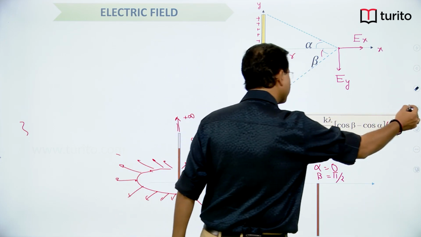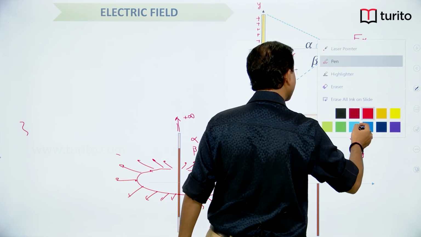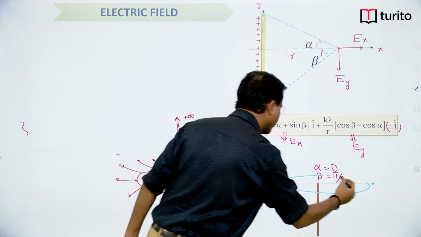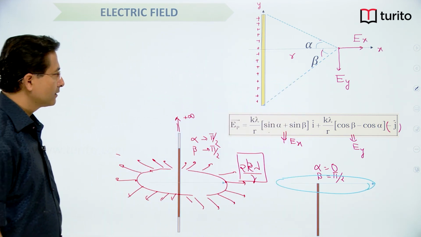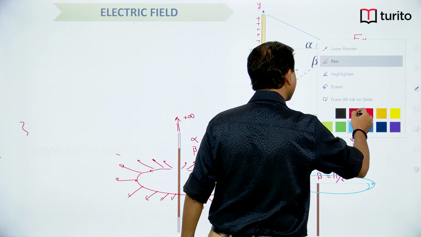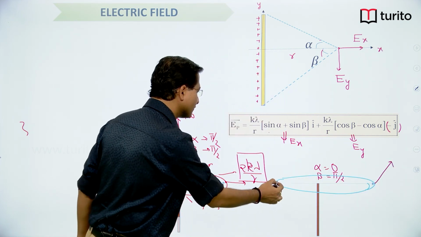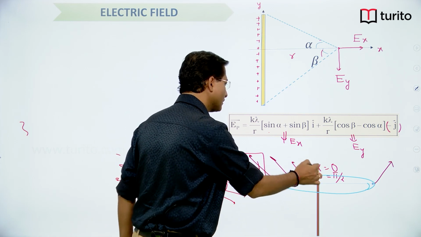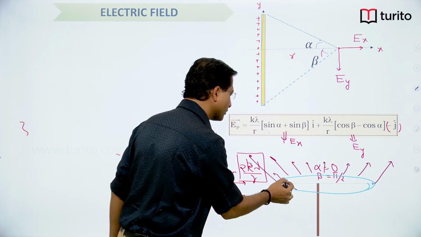If I take a circle, for example I have taken a circle like this, right, at this particular point the field will be this way, at this particular point the field will be this way, and similarly for this particular point, making 45.